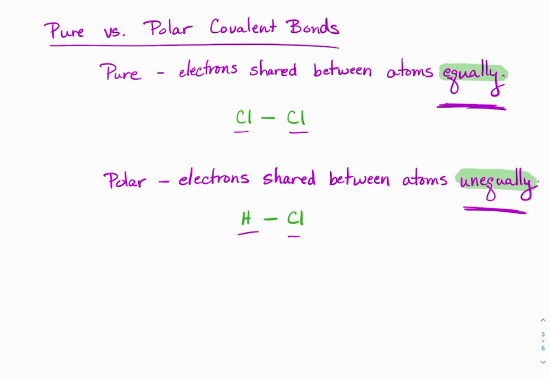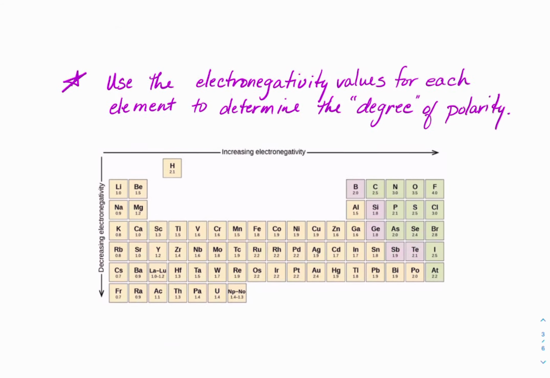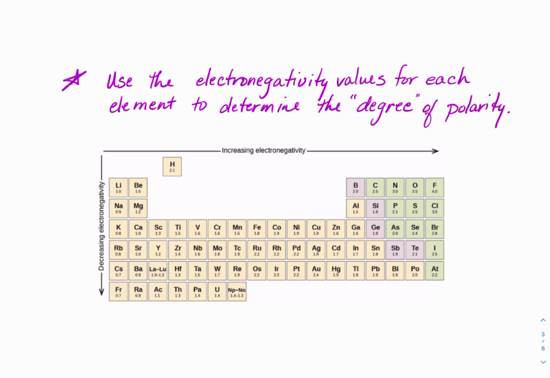This comes with a little bit of experience, but there is also a mathematical way for you to determine that and not have to memorize things or use experience that you may not have at the moment. We can use the values of the periodic trend of electronegativity to determine the degree of polarity, whether it be polar or pure covalent bonds, and we can even use that to say if a bond is more polar than another.